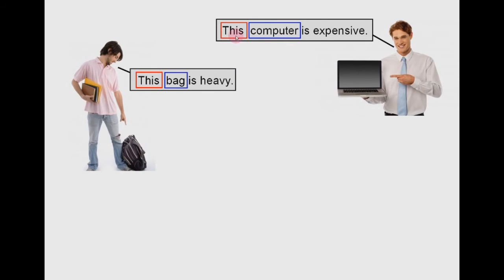And it is the same here. This computer is expensive. Not another computer, not a computer on the other side of the room. No, we are talking about a specific computer, the one in the man's hand.